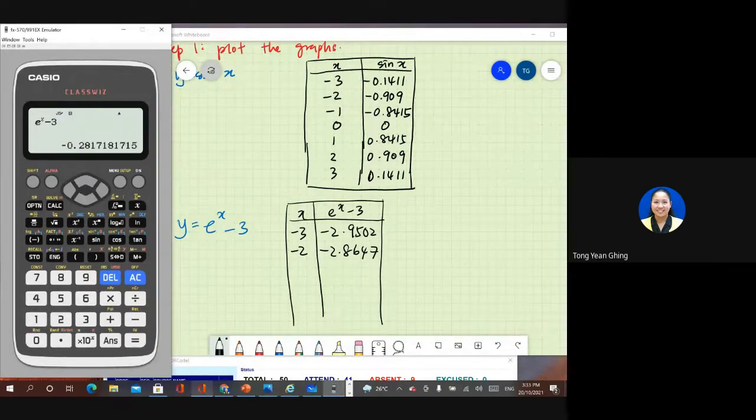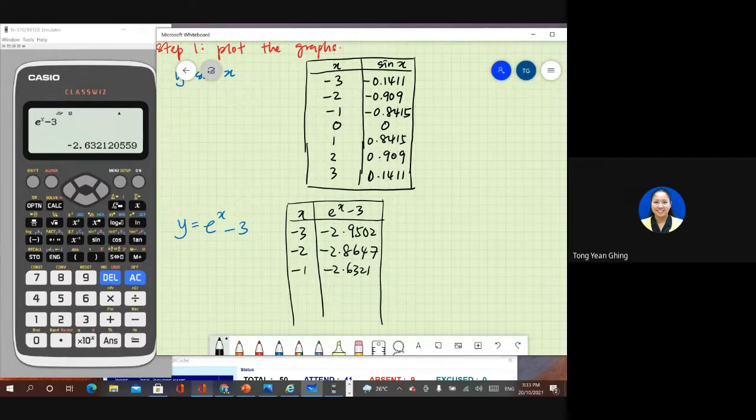Negative 1, negative 2.8321. Then 0, then 1.